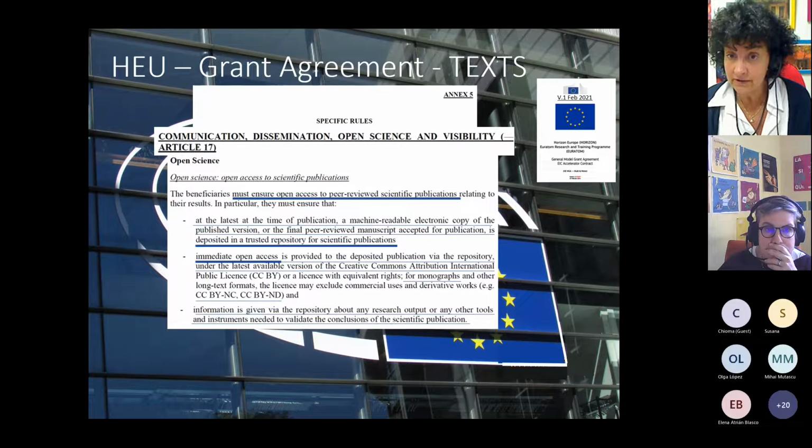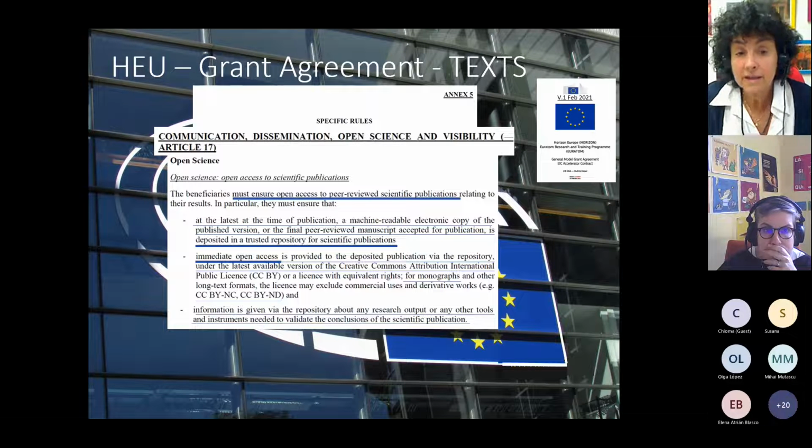So you signed the agreement with the Commission, so you commit your project to be compliant with what you signed. And you are signing that the beneficiaries must, not should, must ensure open access to peer-reviewed scientific publications relating to the results.